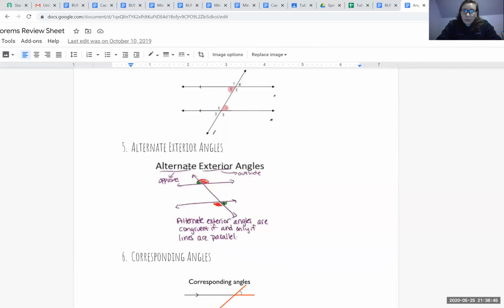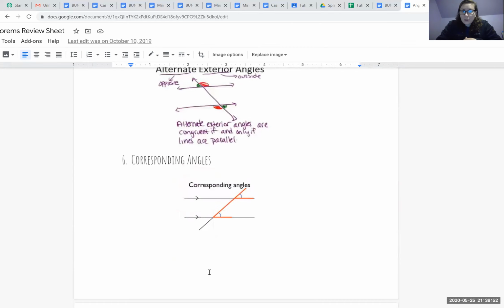And then, as it says here, opposite, outside, and then the colors that are the same value, and then corresponding is they would create an L, and they're on the exact same side of the transversal, as you can see here.